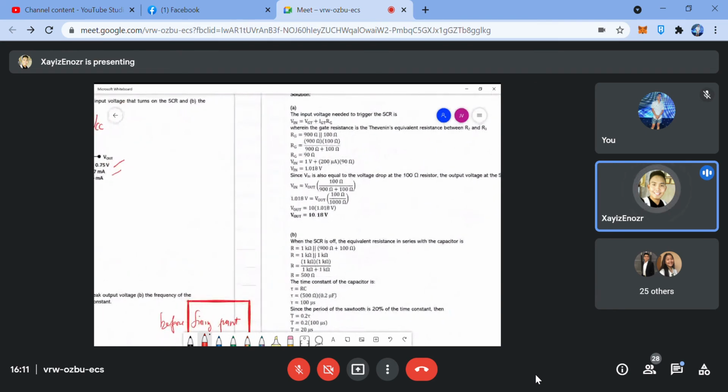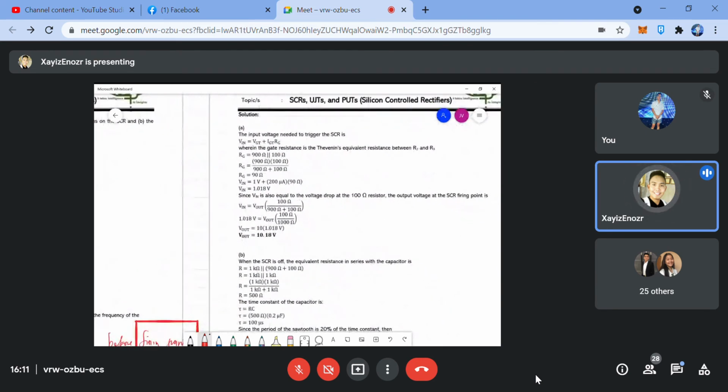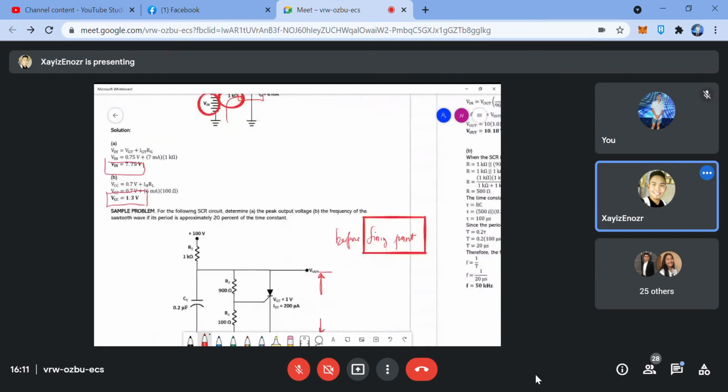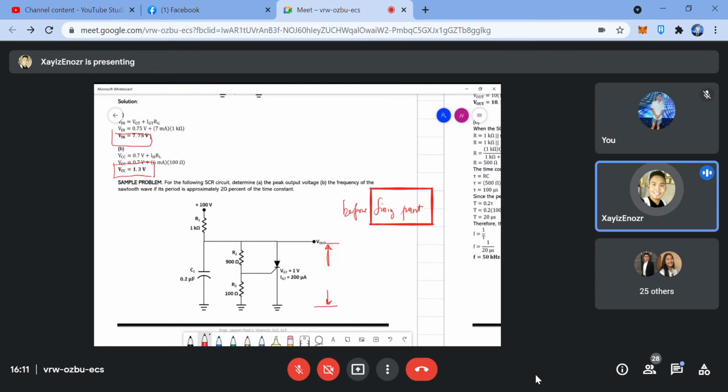So, tingnan natin. Let's first find yung input voltage para mag-on si SCR, which is Vin, VGT plus IGT times RG. Ano ba yung RG? Ano yung ating resistance sa gate? Yung resistance sa gate is mapapansin nyo, wala dito. Kundi andito. Ibig sabihin, since ganito yung configuration, kukunin mo yung equivalent resistance.